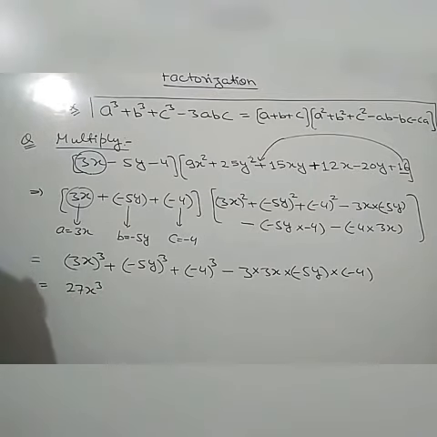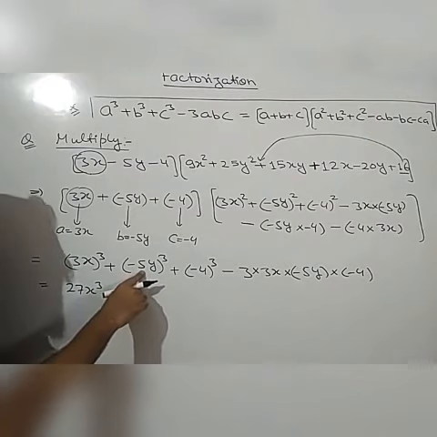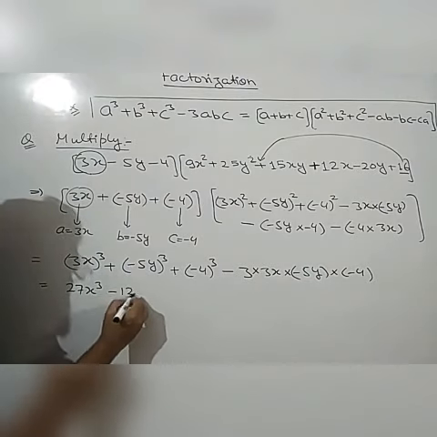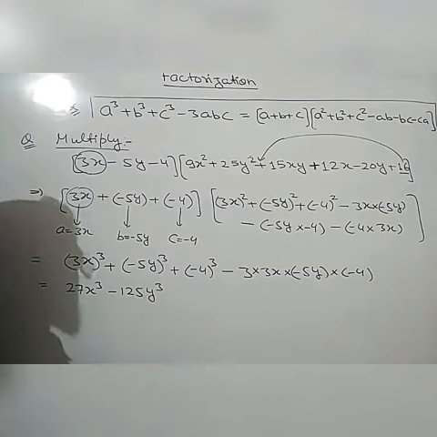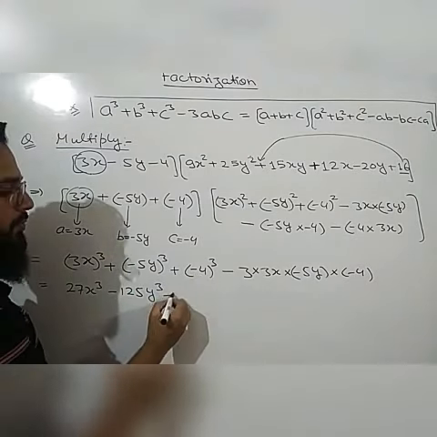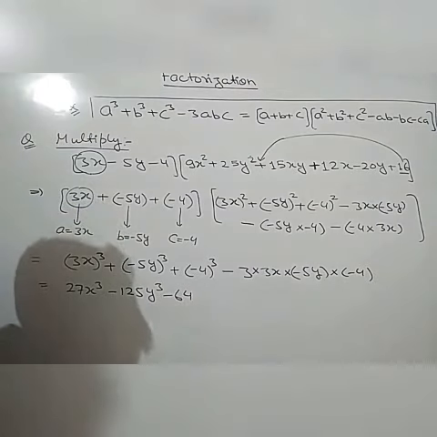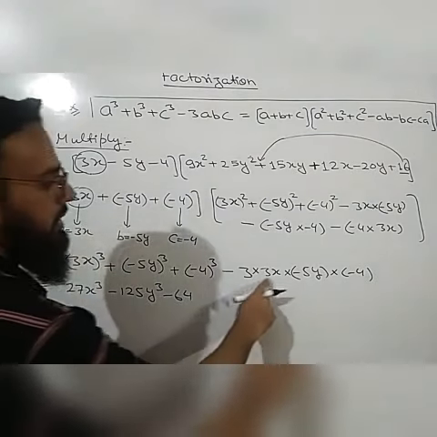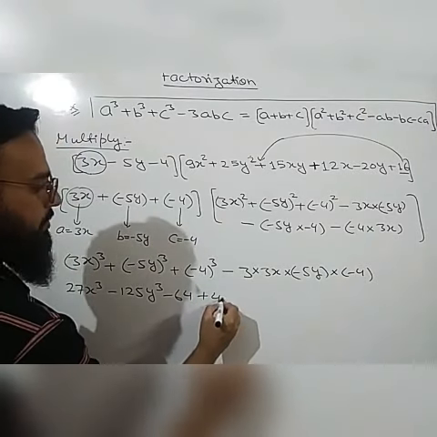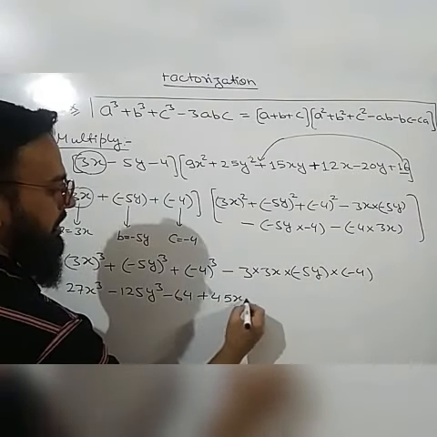It will be 27x cube. Then 5 5s are 25, 5s are 125, and it is minus sign, so it will be minus 125y cube. Then next is 4 cube. 4 4s are 16, 4s are 64. It will be minus 64. Then the next term will be 3 3s are 9, 5s are 45. Minus minus will be plus. So it will be plus 45xy.